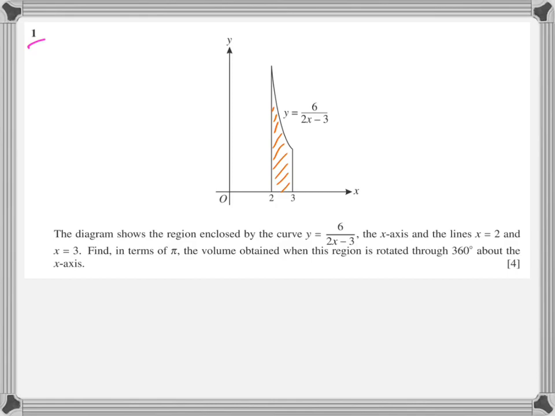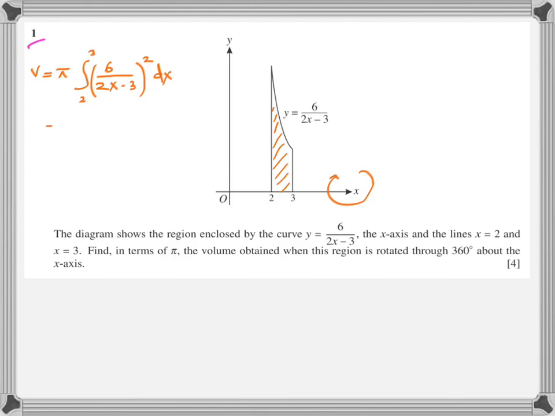Now, there are two applications of integration that we deal with. The first one is area under graph and the second one is volume of revolution. What is the concept of volume of revolution? It's about the x-axis. That means your equation should be in terms of x. Your limits should be on the x-axis, that is between 2 and 3.